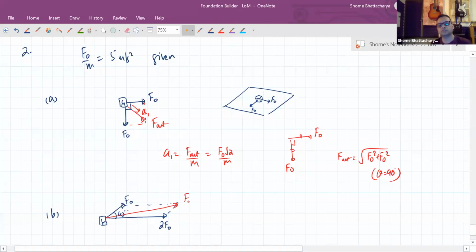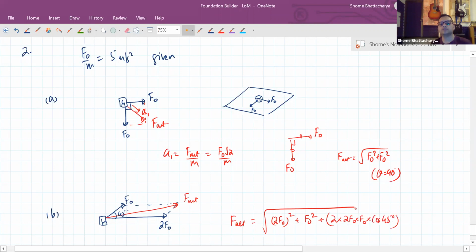This will be the net force. Okay, so how will we calculate this net force? You can use the triangle law. So it will be a square, that is 2 F naught square, plus b square plus 2ab into cos of the angle between them. So that is 45 degrees.